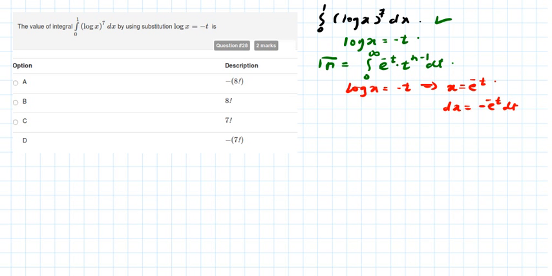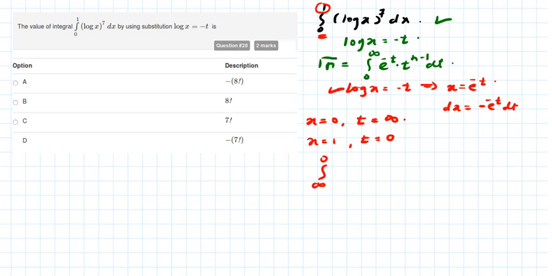If we put x is equal to 0, we need to check what is the value for t. So when x is 0, t will be minus log 0, so t will be infinity. Again put x is equal to 1. When x is 1, t will be minus log 1, and log 1 is 0. So therefore there is change in limit from infinity to 0.